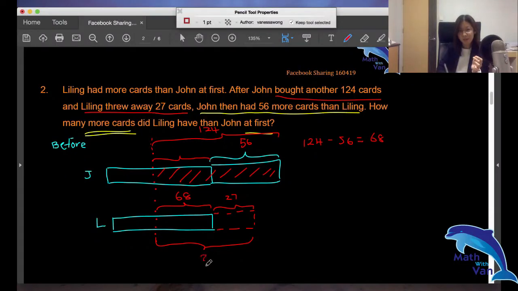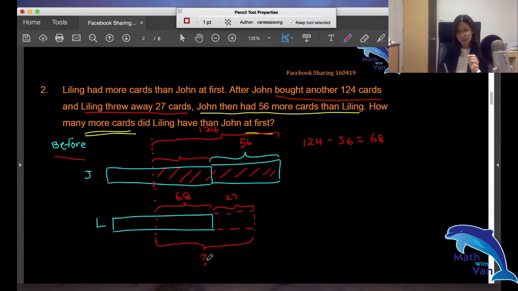So if I know that this is 68, that means now this is my before. From this point all the way to this represents the number of cards that John had. But from this point all the way to this point would represent the number of cards that Li Ling had.